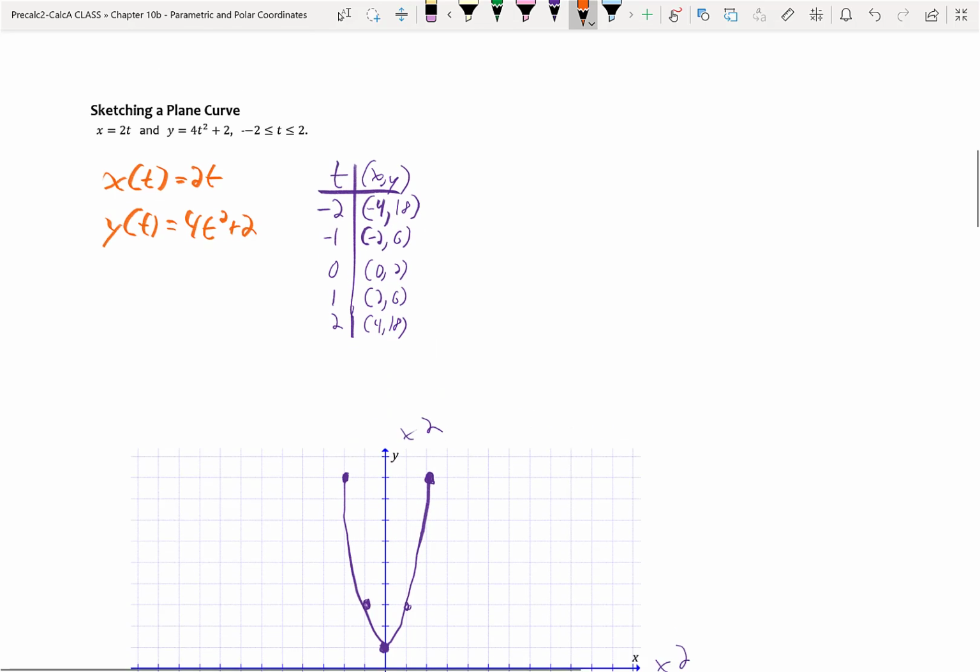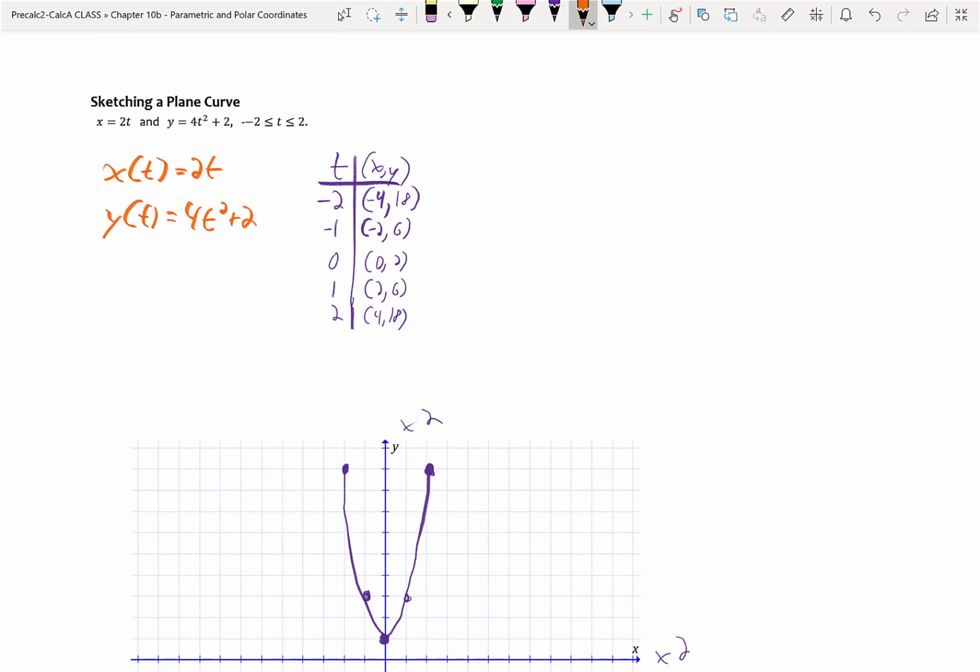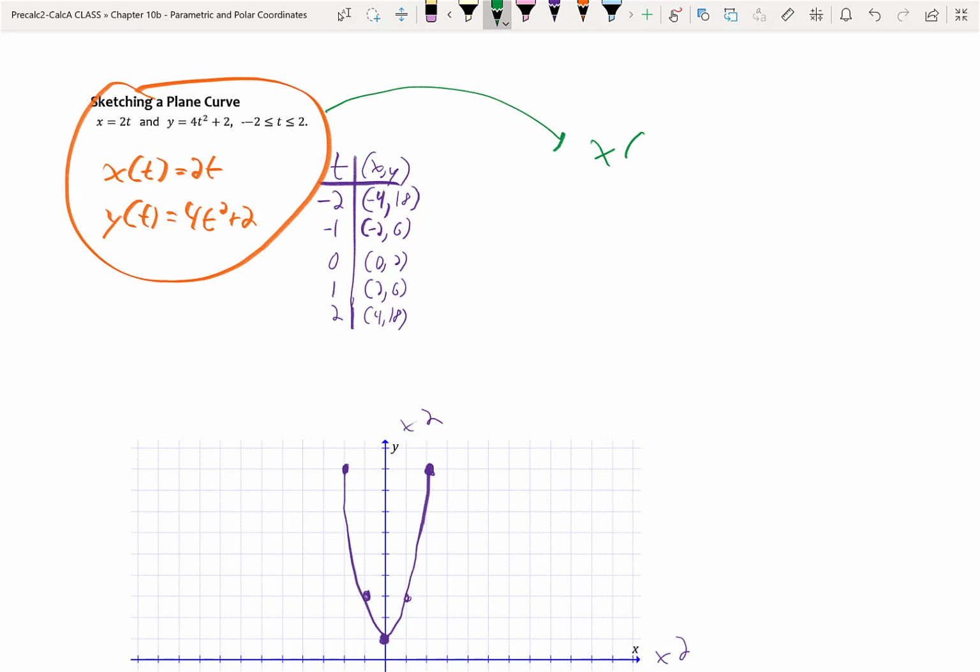Close. Let me just explain something here. There is actually a difference between this and if I were to say x of t is -2t and y of t is 4t squared plus 2. They would actually generate exactly the same ordered pairs, but there is a slight difference between them.